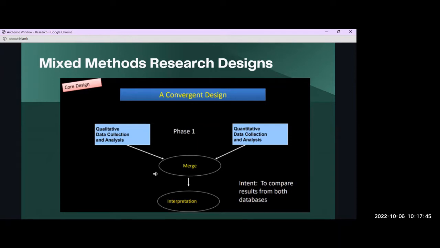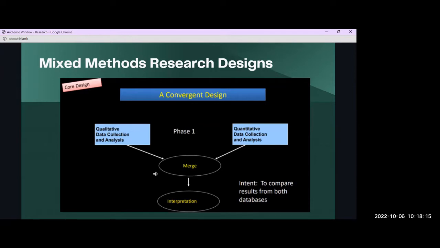After collecting and analyzing the data, because you analyze the quantitative data using statistics and the qualitative data using coding and thematic analysis, you merge the results and you compare the results. And you will determine whether the results are conforming, corroborating, or contradicting each other.